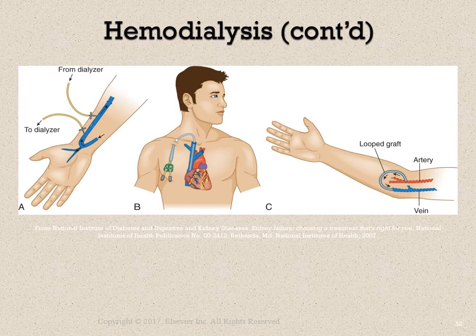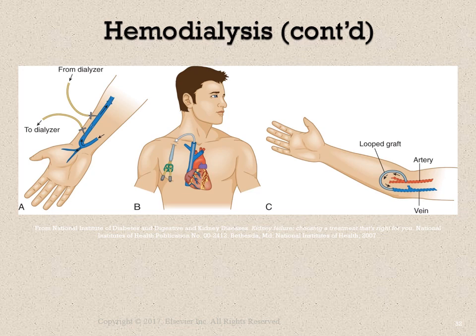So here we have the different ways that patients can go through hemodialysis. The three basic kinds of vascular access, so how they perform this dialysis. In picture A, we see an AV fistula. So picture A is an AV fistula. We have what comes in and what goes out. We see an arrow, it's going out and then it's coming back in.